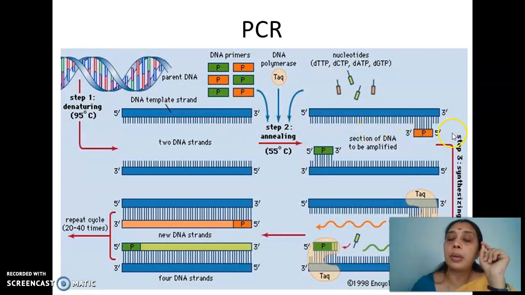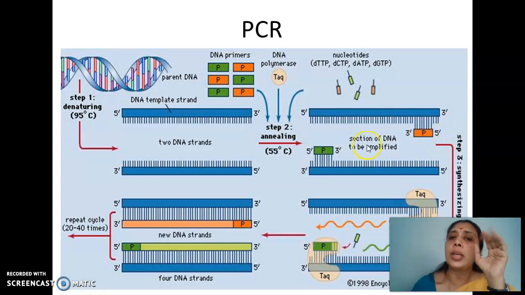So the pairing starts from this direction. These are the primers, along with dTTP, dCTP. We put some primers into it, and those primers which are complementary to this template strand go and anneal to it.